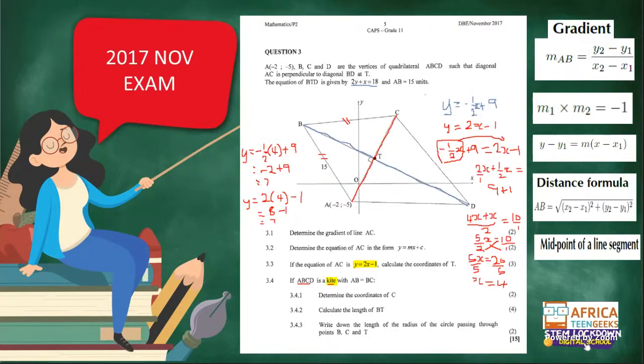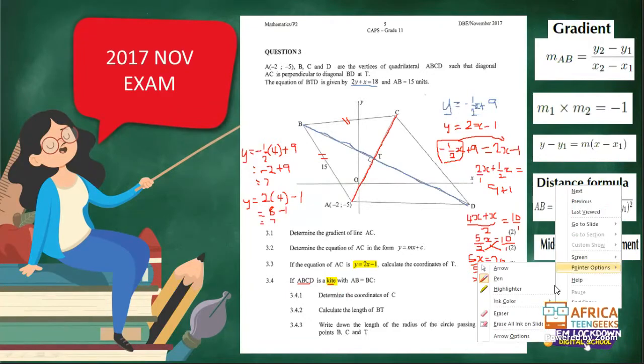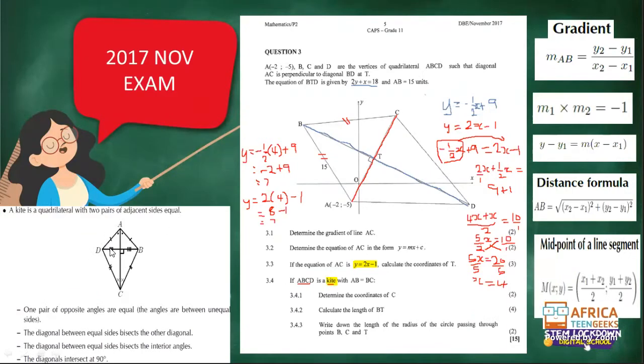So we have coordinates of T that we just calculated, and now we need to determine the coordinates of point C. Okay, so if this is a kite and these are equal, so if you look at the properties I gave you, then now they're saying these two are equal.